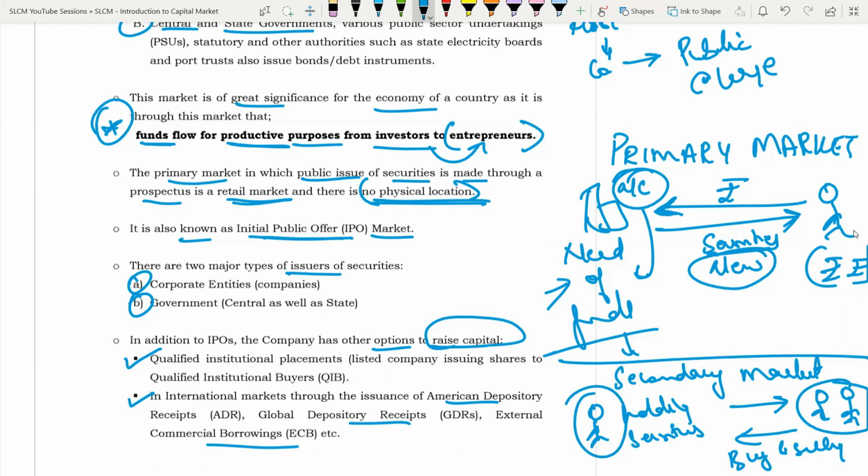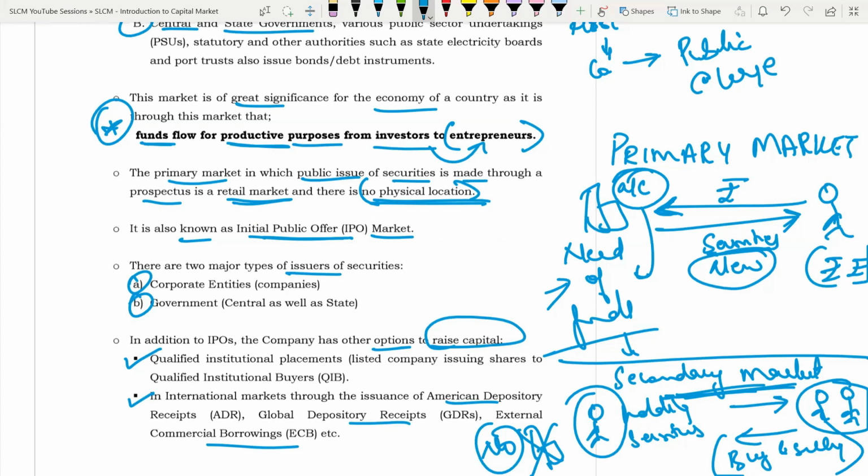We have crores of investors over the country. These investors are going to transact among themselves; they are going to buy and sell. That is why in the secondary market, there is no role of the company. The company is not going to earn any money from the secondary market, in the sense that the funds are not going to be transferred to their bank accounts.